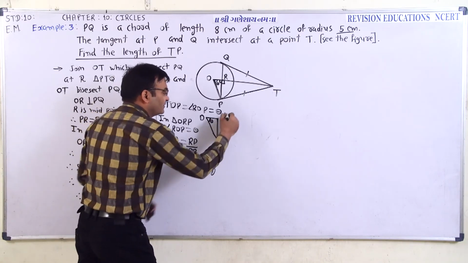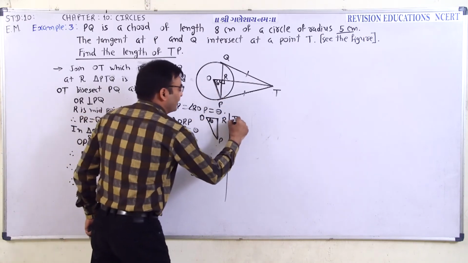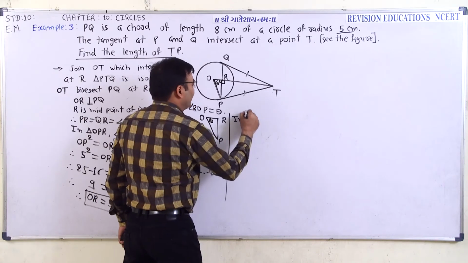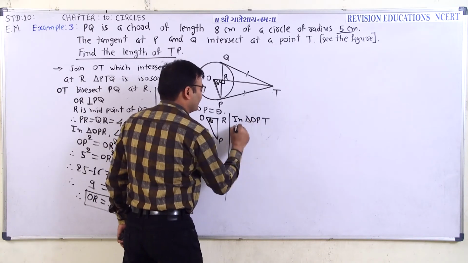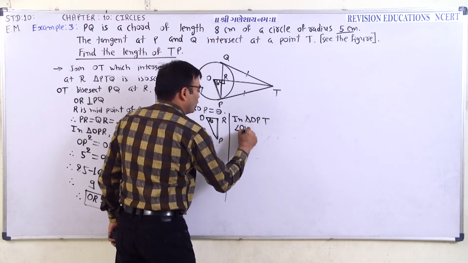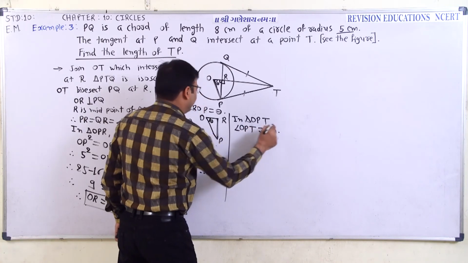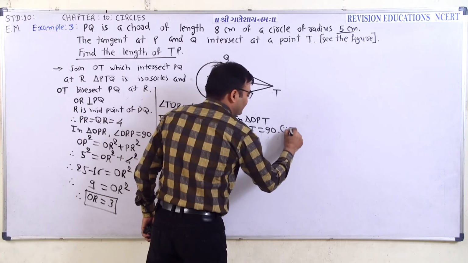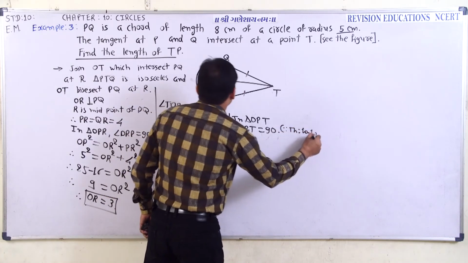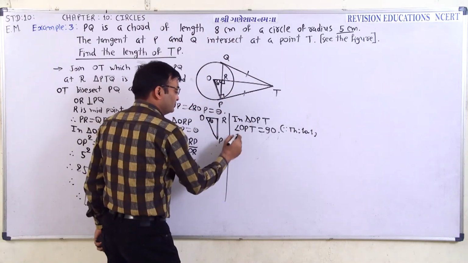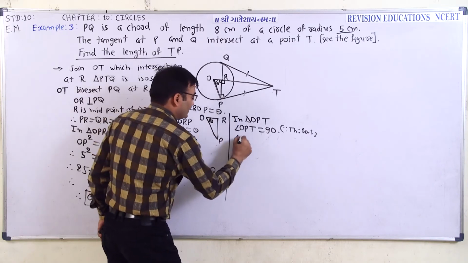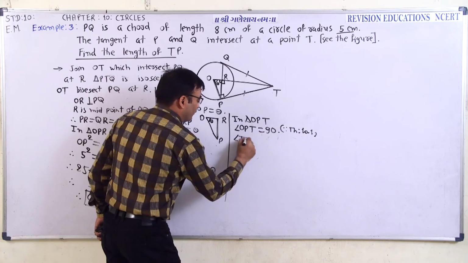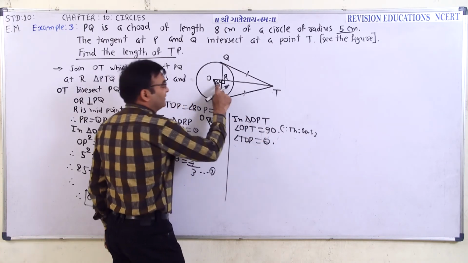Now we take another triangle. In triangle OPT, measure angle OPT is equal to 90 because of theorem number 10.1. Now we can write measure angle TOP is equal to theta.